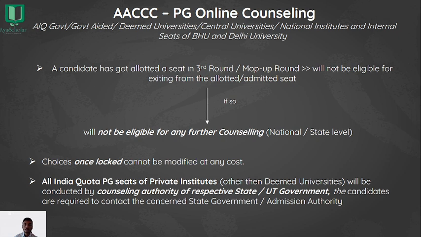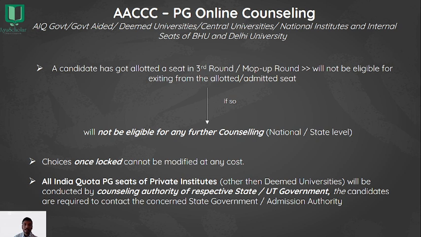If he fails to lock by the end of the fourth day, the system automatically locks the choices entered by the candidate. Before locking the preferred choices, the candidate can make any number of changes. Once locked, he can't modify.